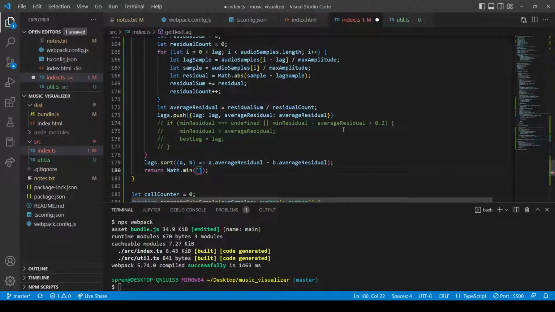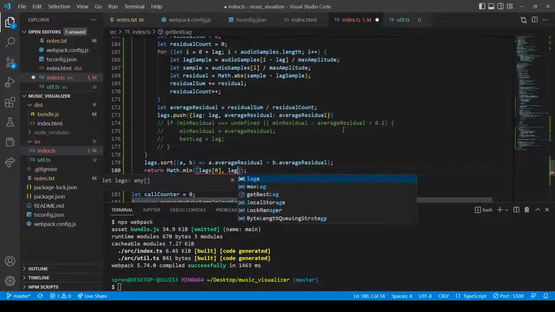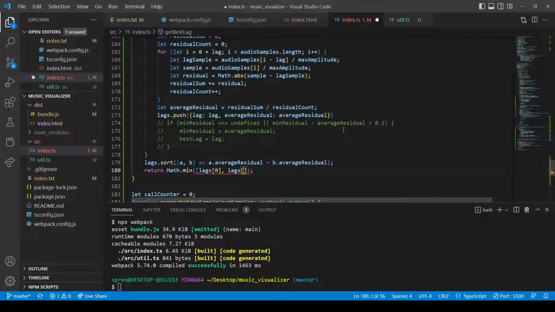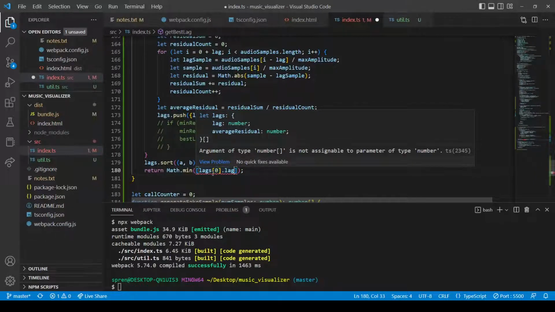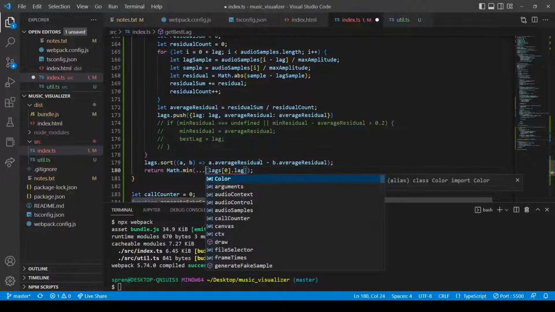Maybe. Lags 0, lags 1, actually, dot lag. Okay, this is mad at me because it wants this.